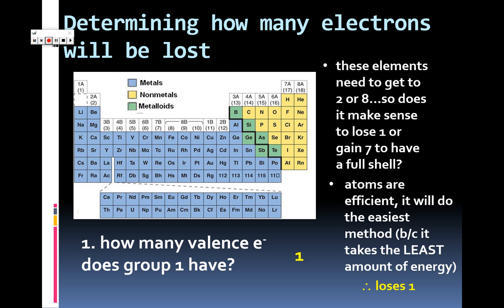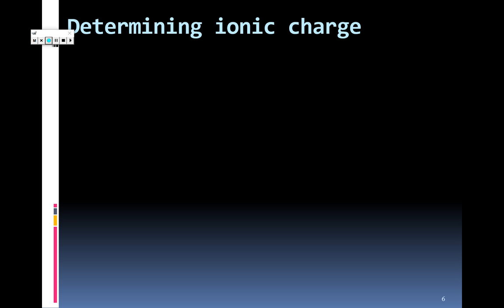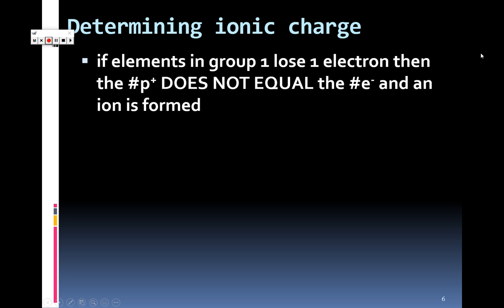Again, some of you will automatically be like, oh yeah, alkali metals, they have a charge of +1. That's fine. If you need to remind yourself of how we get there, that's what the next slide does. When you're determining what charge an ion will have, you're looking at how the number of electrons compares to the number of protons.